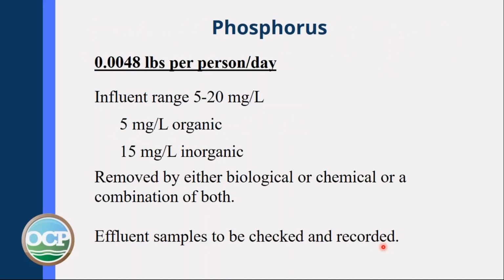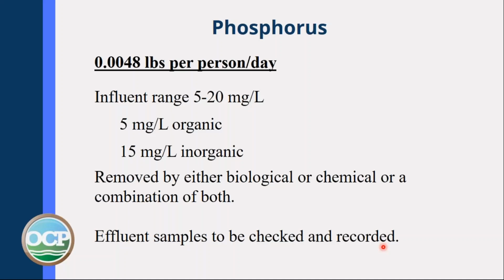Phosphorus. Again, we are able to determine or have an idea of how much phosphorus each person flushes down into the sewer system each day, and it is 0.0048 pounds of phosphorus. This can be organic.